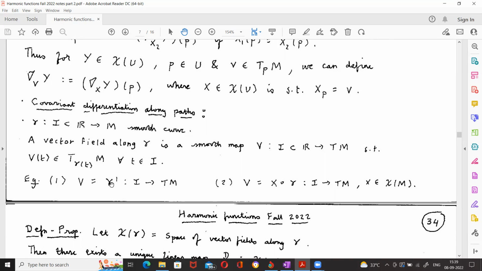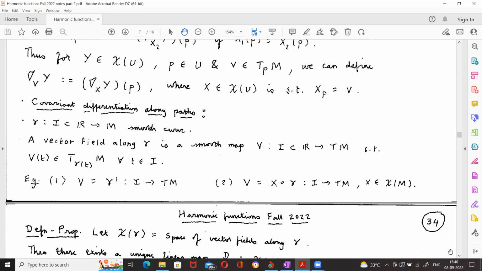At each point, gamma prime(t) belongs to T_gamma(t) M. Another example is you take a global vector field X on M and restrict it to the curve, so you look at the map X composed with gamma, going from the interval I into TM. Is this clear?